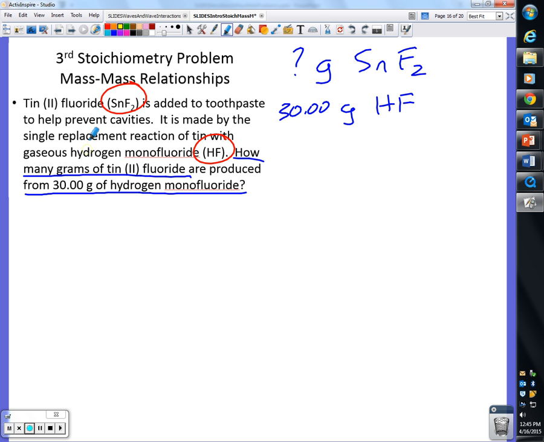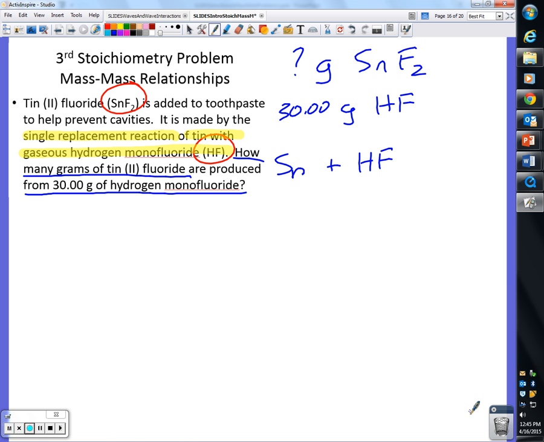First, it told us that it was a single replacement reaction of tin with hydrogen monofluoride. That's meaning that our two reactants in this problem are tin plus hydrogen fluoride.